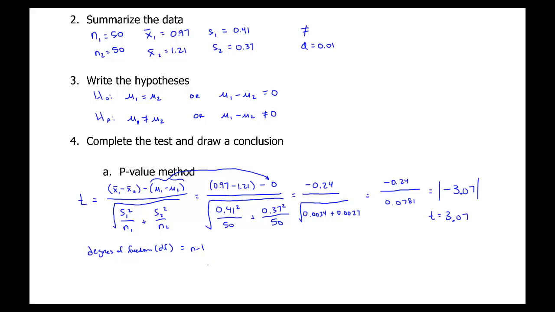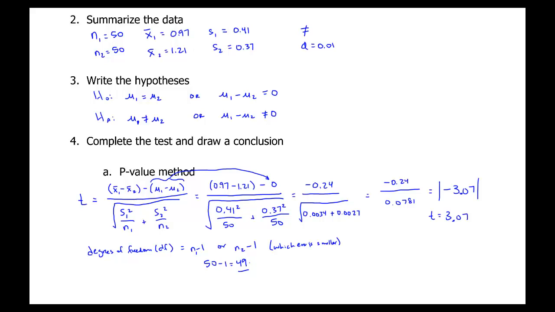When you're doing independent samples, you use either n1 minus 1 or n2 minus 1, whichever is smaller. In our case, they're going to be the same because the sample sizes are the same. So we want to use degrees of freedom of 49.